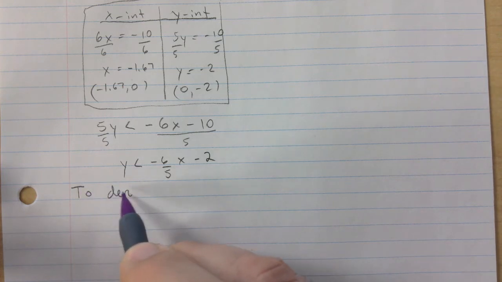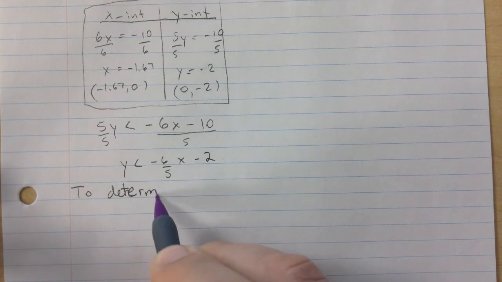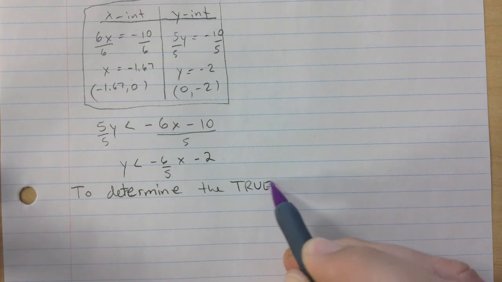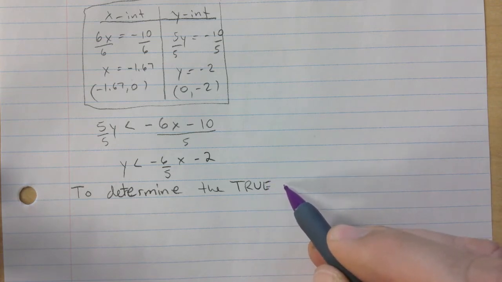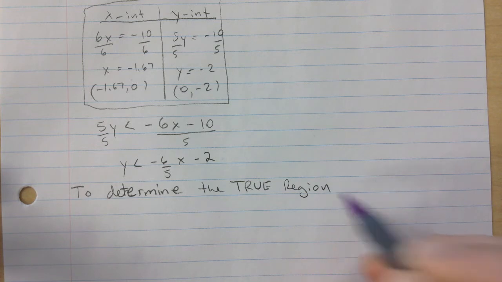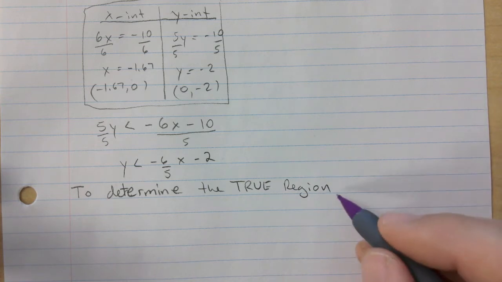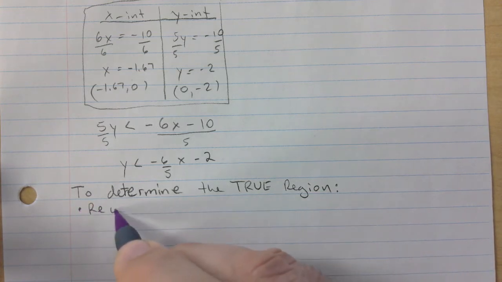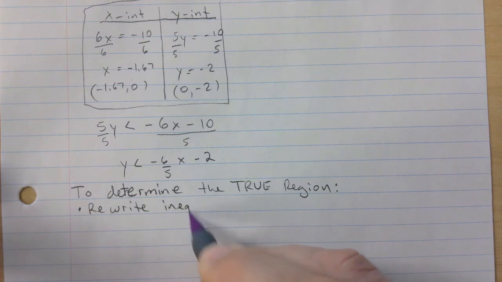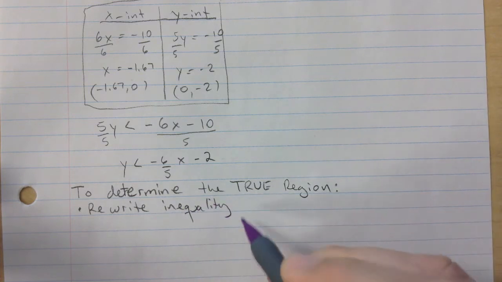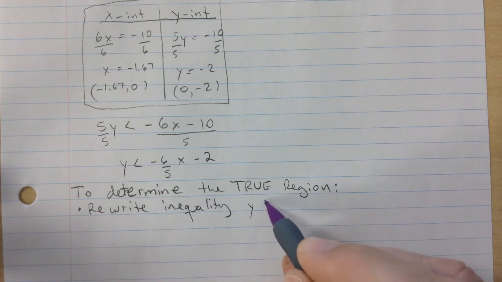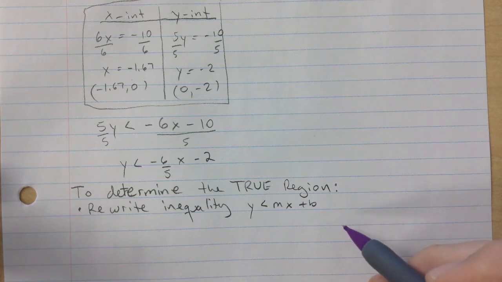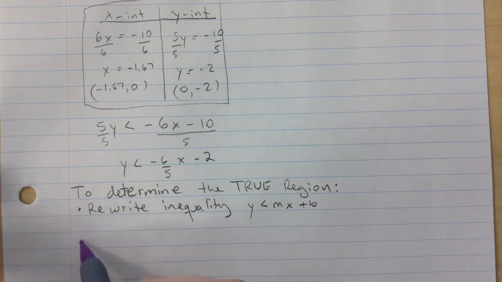To determine the true region, rewrite the inequality, and then this is the thing here.